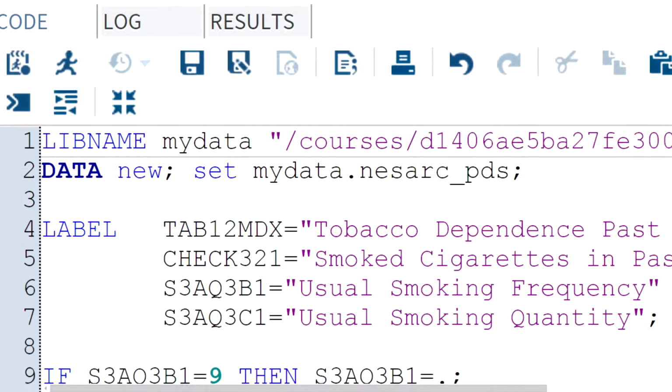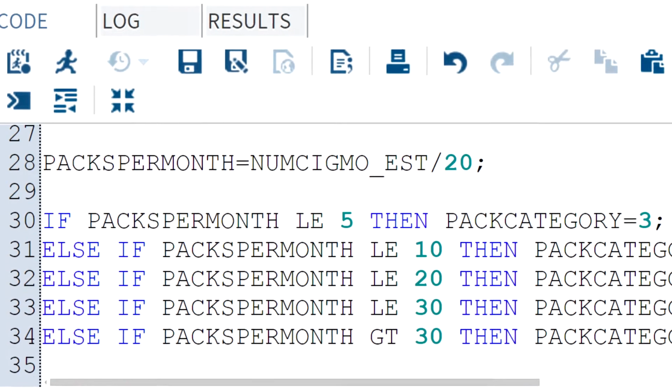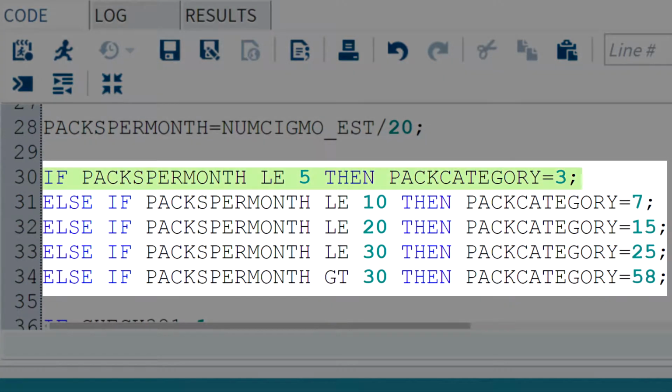To do this, we need to add the following syntax to our program. Here we tell SAS if packs per month is less than or equal to 5, then pack category, our new variable, is equal to 3. We chose 3 because it's roughly the quantitative midpoint for this category. Else if packs per month is less than or equal to 10, then pack category equals 7, again, roughly the midpoint.